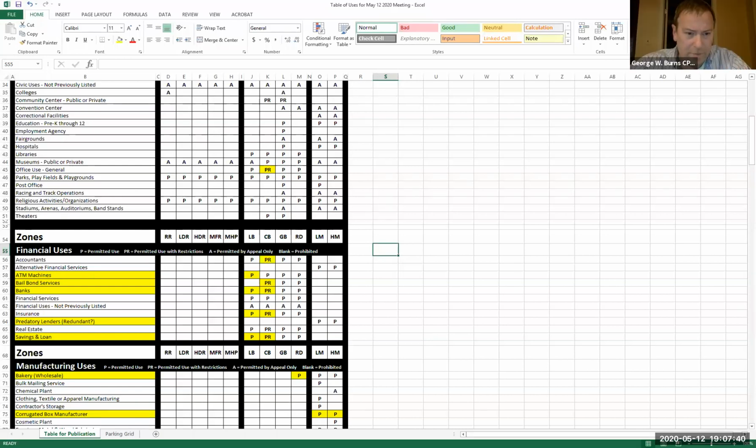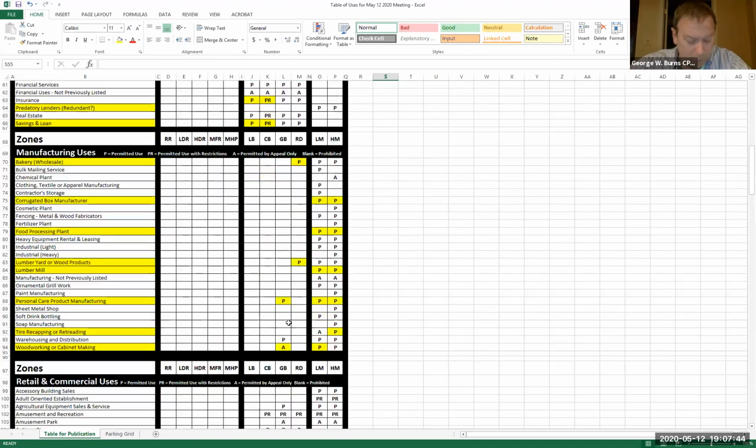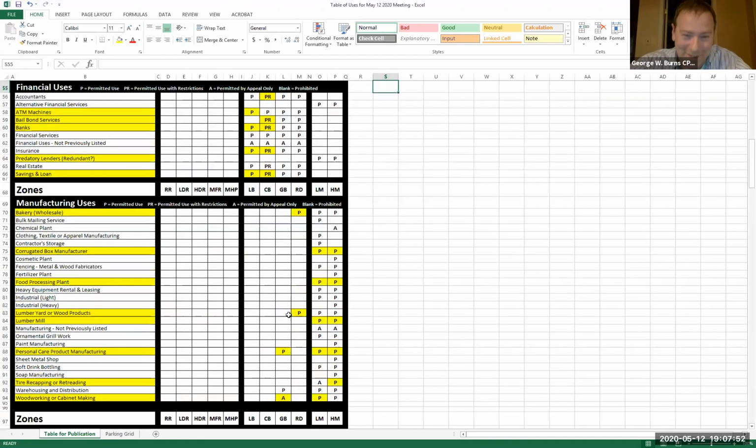And then manufacturing. I was wondering if we could add something that would be allowed in central business, a new category. This might be annoying, but I had in mind a boutique manufacturer, like somebody who manufactures pottery or mugs, and part of their business is retail in the front of the store, manufacturing in the back room.